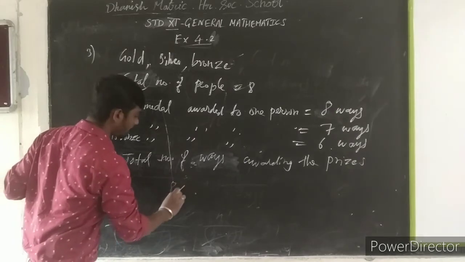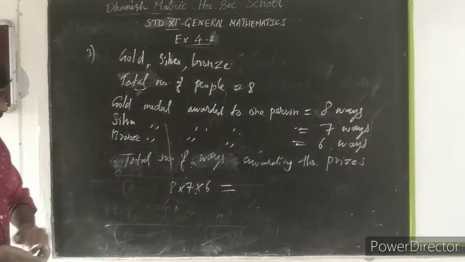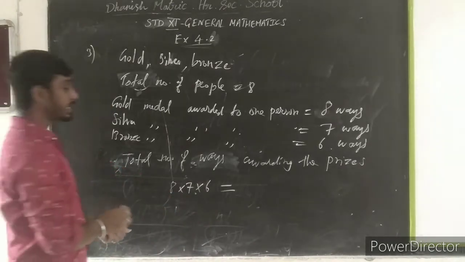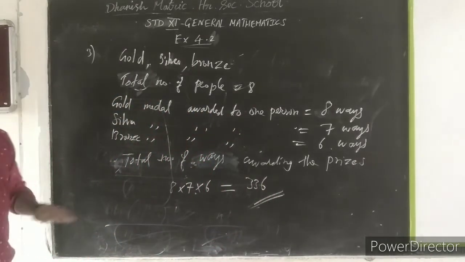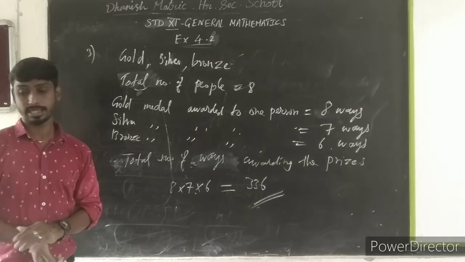That is 8 into 7 into 6, equal to 7 sixes are 42, 42 into 8, that will be 336. So the total number of ways of awarding the prizes is 336 here.